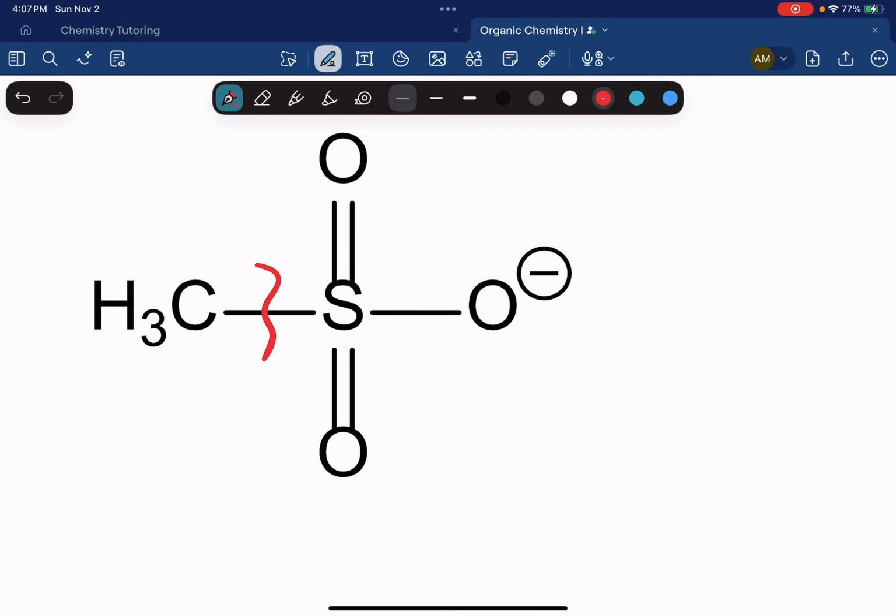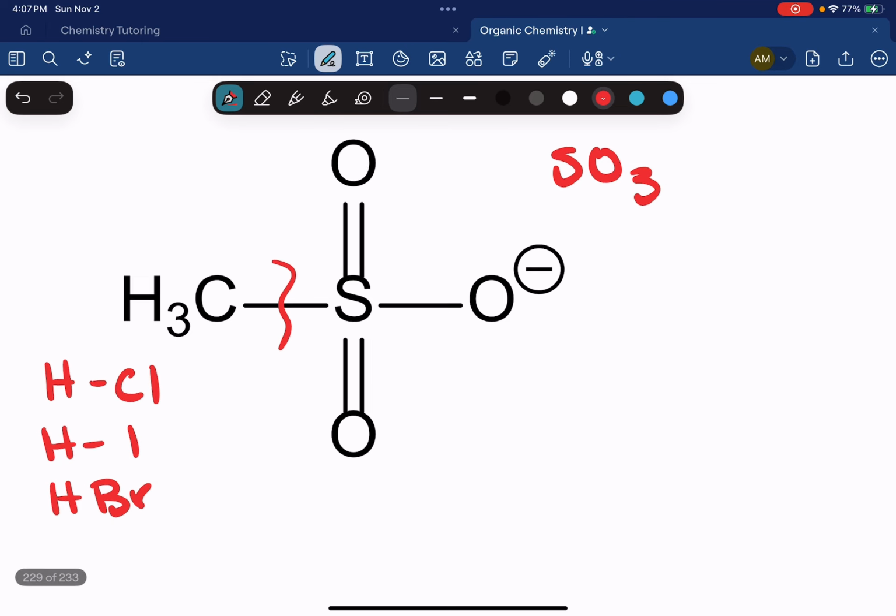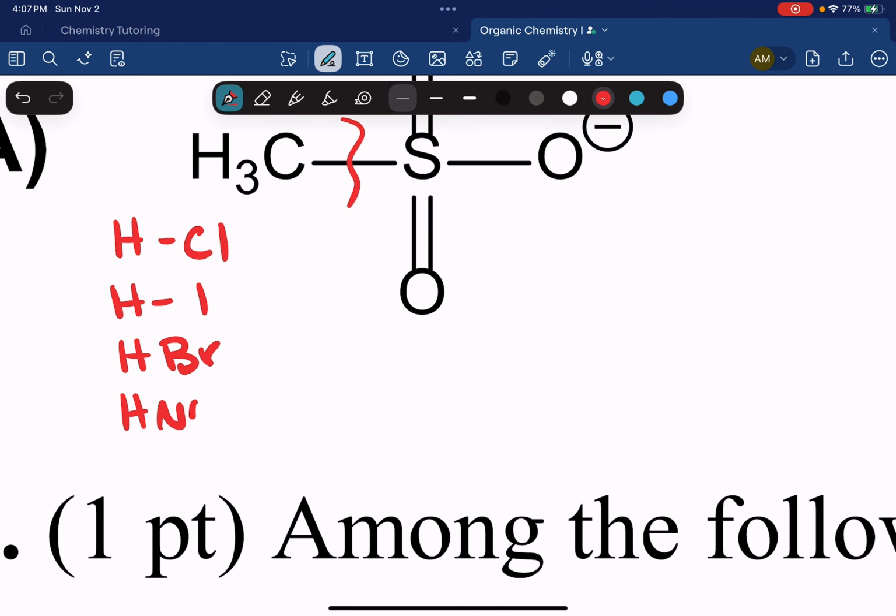This right here, we're looking at SO3, right? What are our strong acids again? HCl, HI, HBr, HNO3.